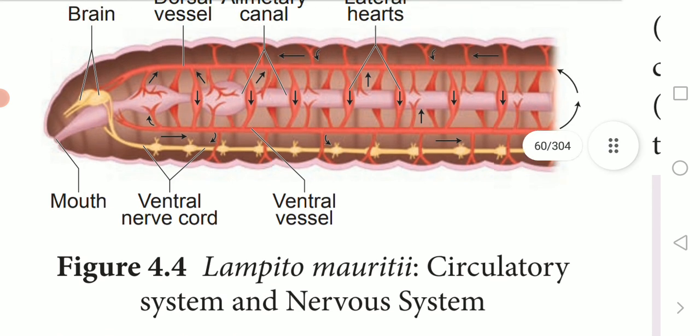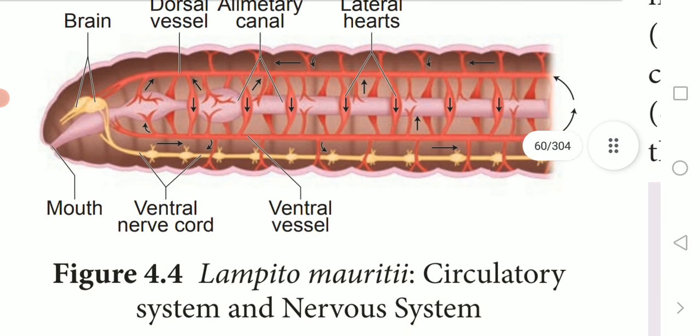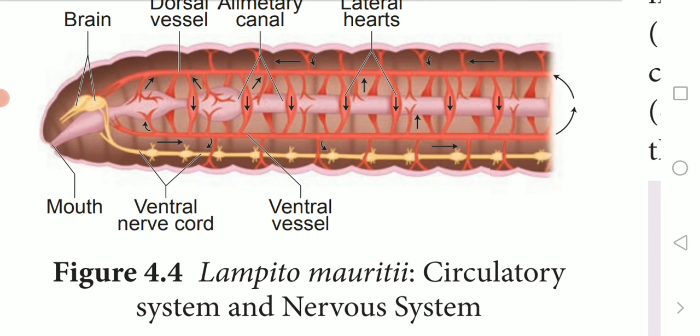These are the organs involved in the nervous system of the earthworm. We'll see them one by one.